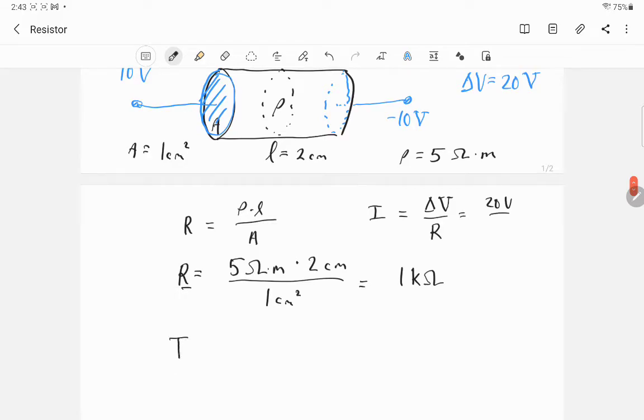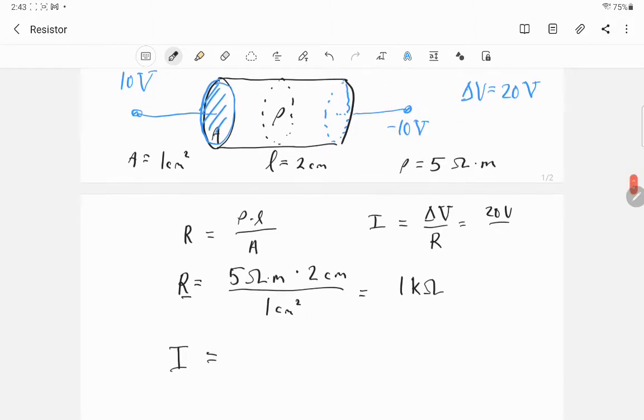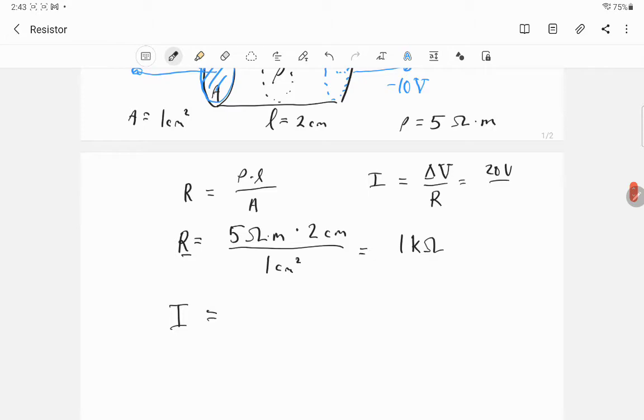And then the current is, there's 20 volts of potential difference between these two conductors, where each conductor has a different potential value, right? 10 on the left, negative 10 on the right. So I've got 20 volts as the potential difference. The resistance is 1 kiloohm.